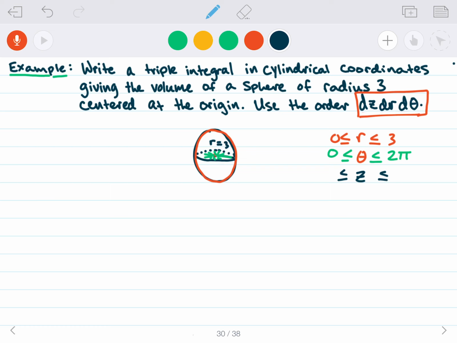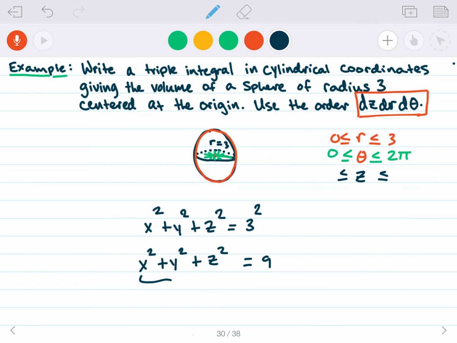To figure this out, we can write the equation of the sphere centered at the origin with radius 3: x squared plus y squared plus z squared equals 3 squared, which is 9. This is just the equation of a sphere centered at the origin with radius 3. I want z in terms of r, because z depends on r.